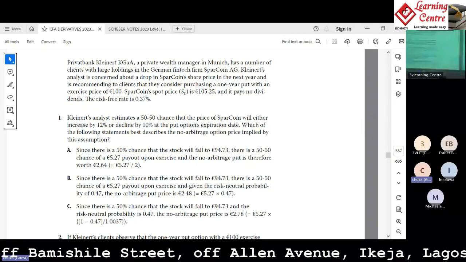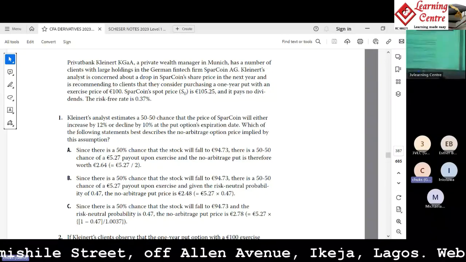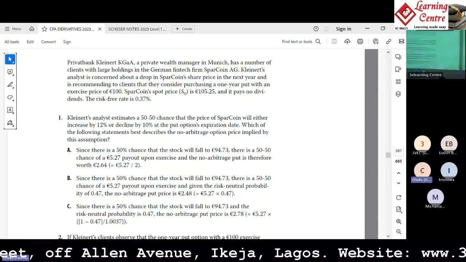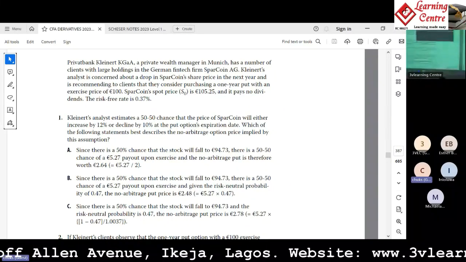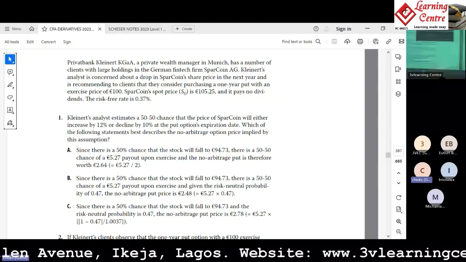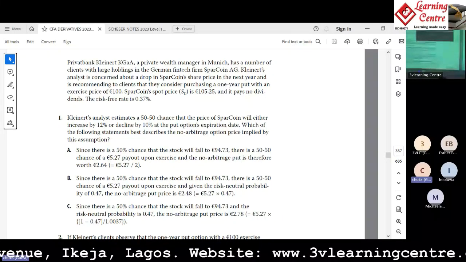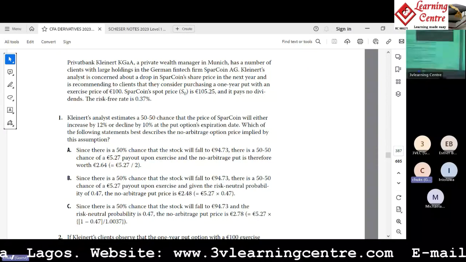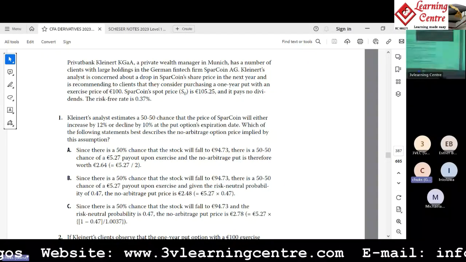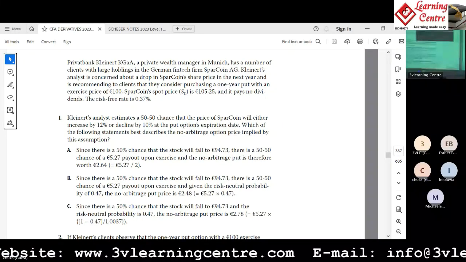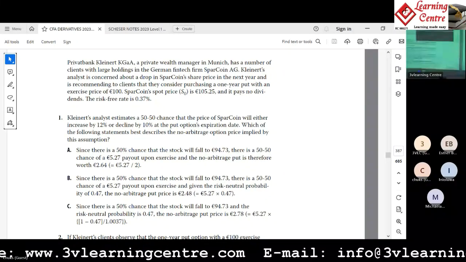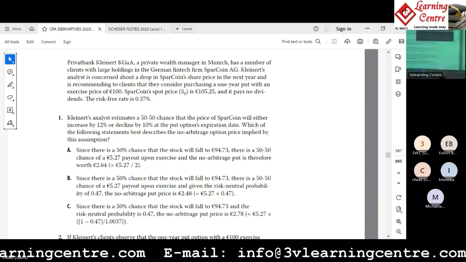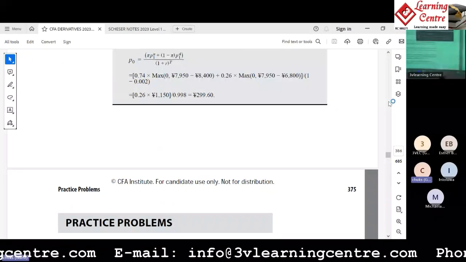So where the work is, I need to calculate what my risk neutral probability is, because it is not the 50-50 they've given me in the question. So if you remember, the formula is 1 plus the risk-free rate minus the probability of a decline divided by the... hold on, let me go to that formula.